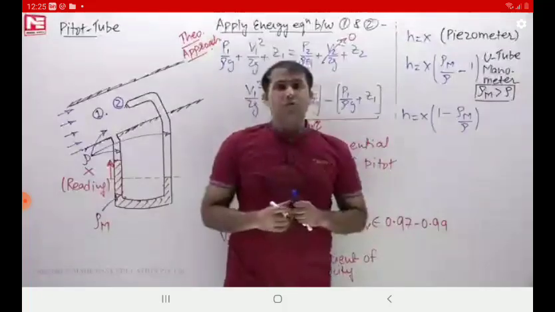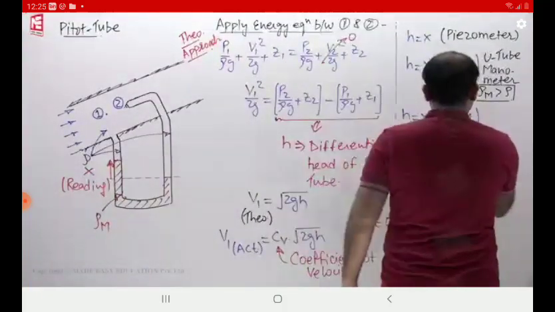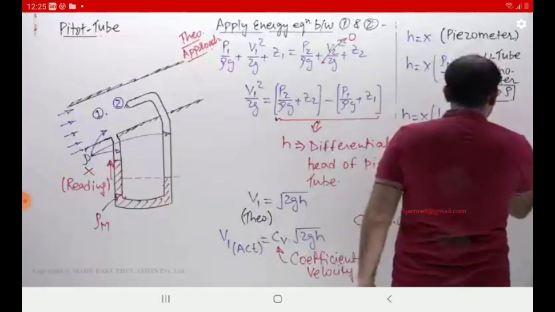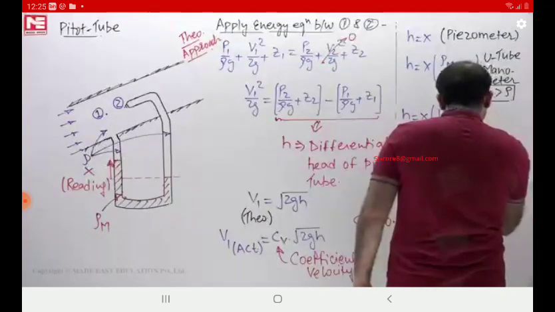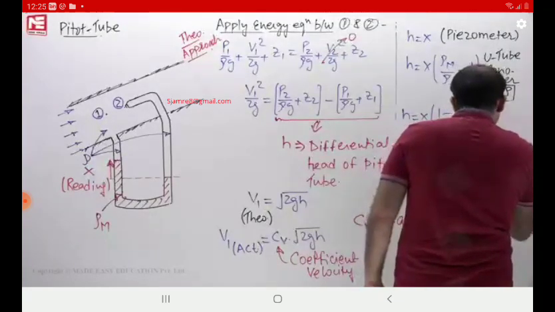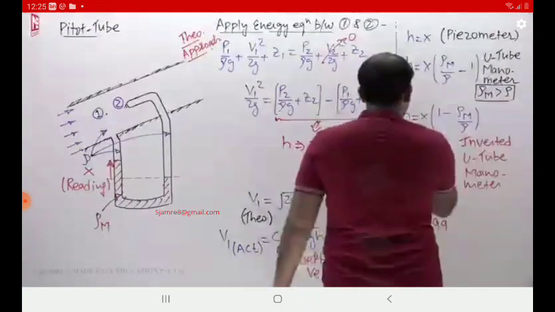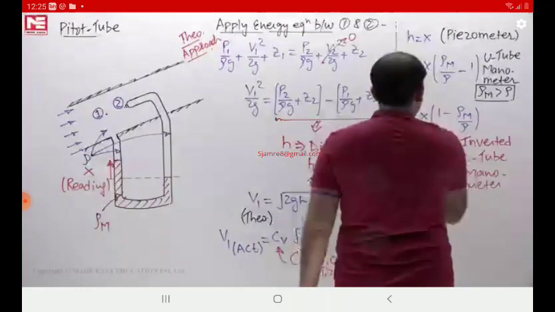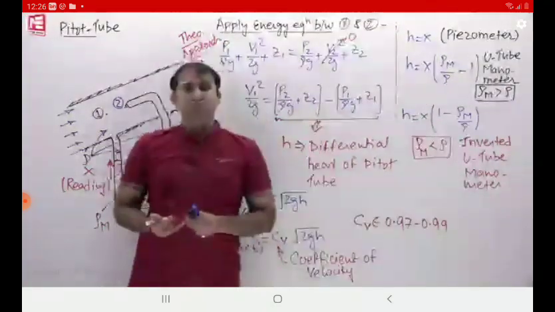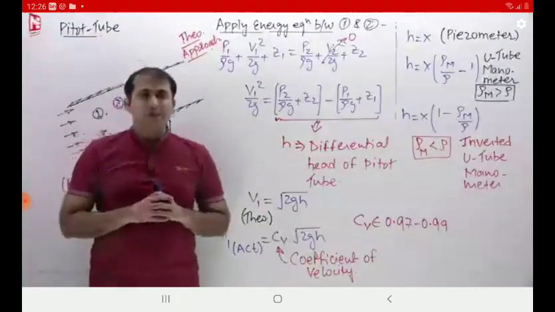The next one is the case of the inverted U tube manometer, and for this rho m is less than rho. Okay, so you can use the same formula.